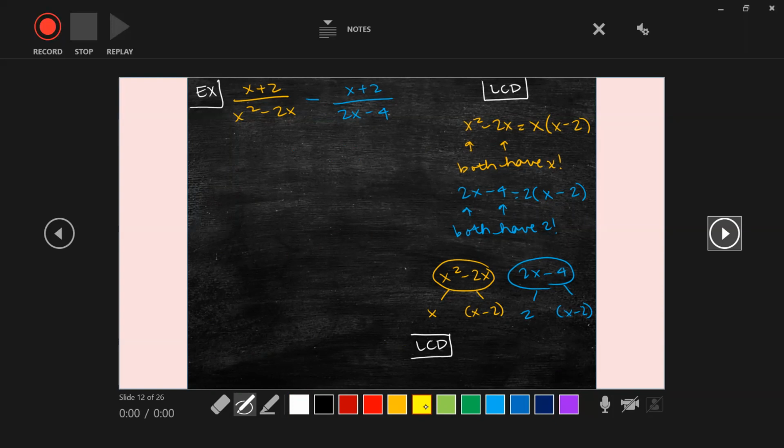X. Yep, there's going to be an x. And 2. There's going to be a 2. And x minus 2. And then we have 2 of these x minus 2's, so I'm just going to use one of those. So that is the goal of what we need to get in all of our denominators.